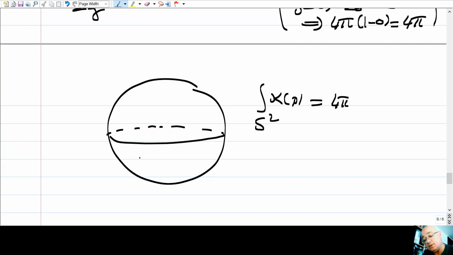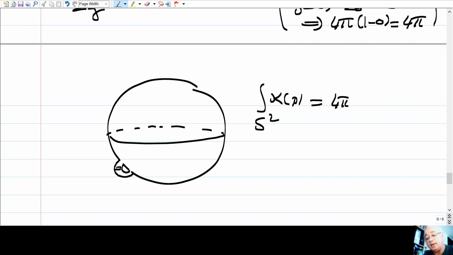And then here, add a tiny handle to this. It can be as small as you want.